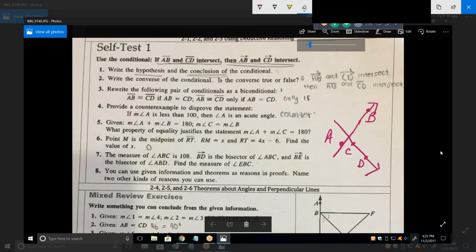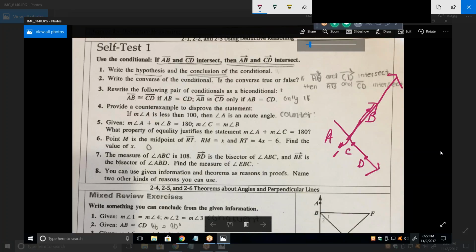Is the converse true or false? I think it's true. I come up with that because I can't draw it in a way that it's not true. In other words, no matter where I label my points A, B, and C, D, the line segment AB does not intersect with CD.